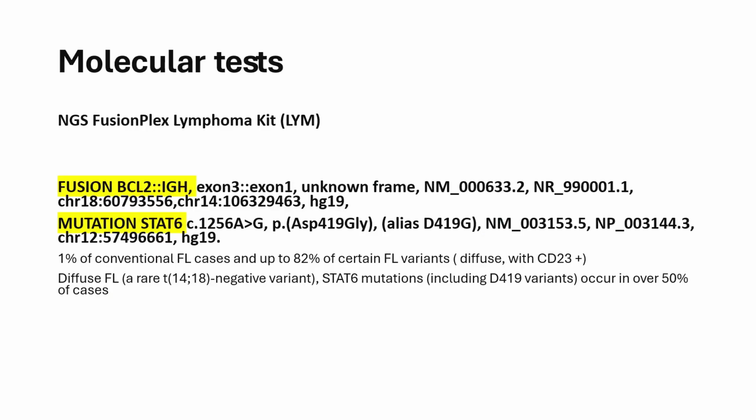Okay, and we also found the BCL2 IgH fusion by NGS, and we also found a STAT6 mutation, and this is all well for follicular lymphoma.